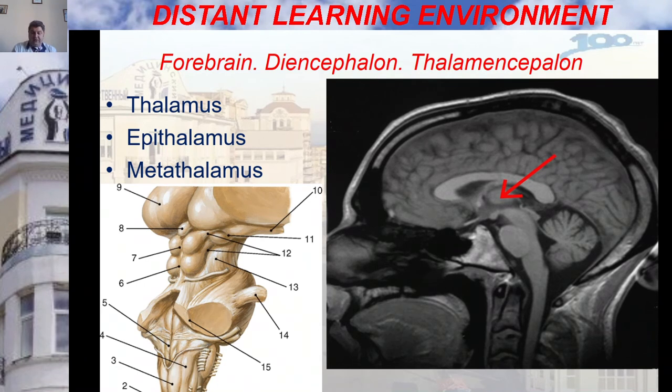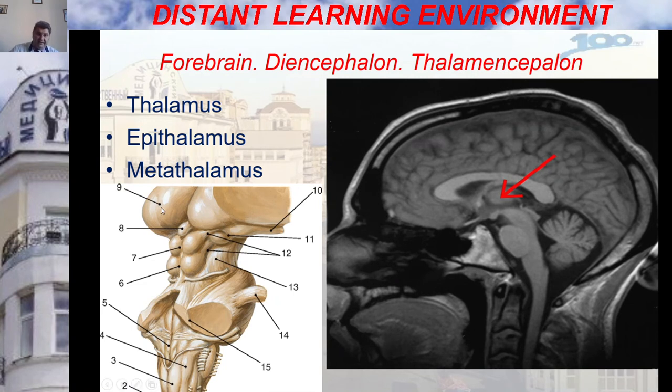The dorsal surface is covered with a fine layer of white matter, the stratum zonale. Its lateral surface faces the cavity of the lateral ventricle and is separated from the adjacent caudate nucleus by the terminal sulcus.